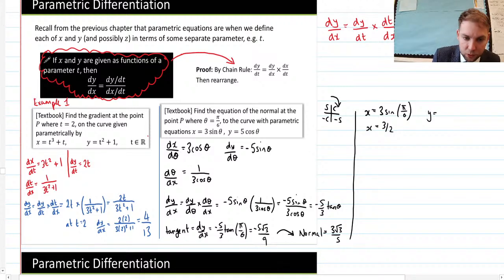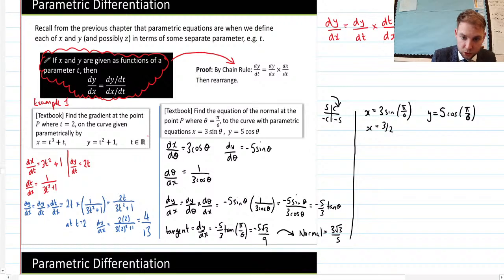Y is equal to, oops, not minus 5. Y is equal to 5 cos of pi over 6, which is 5 cos, open bracket, fraction button, shift pi over 6, close bracket.